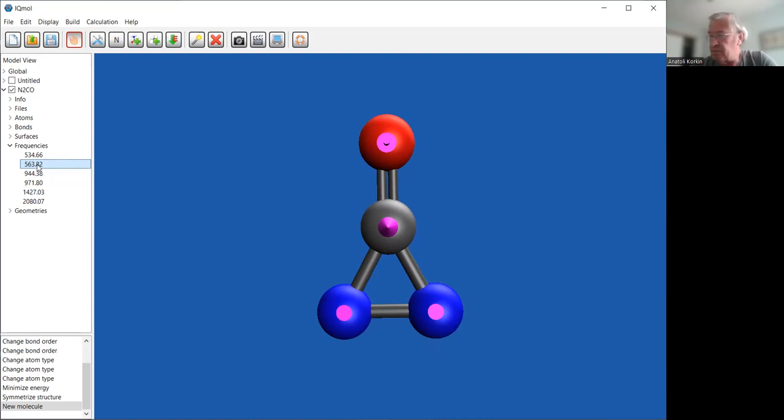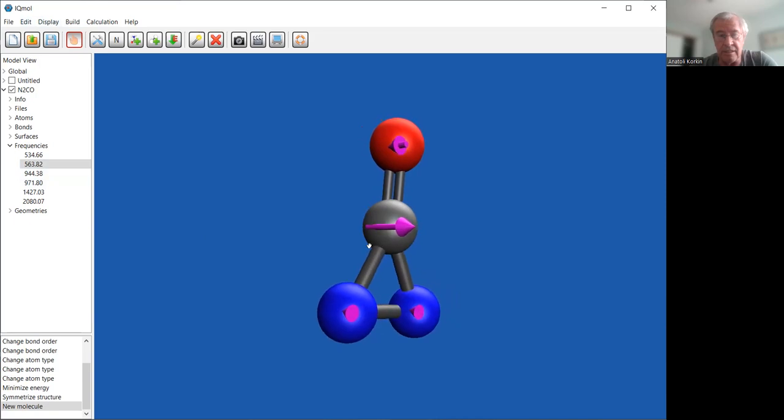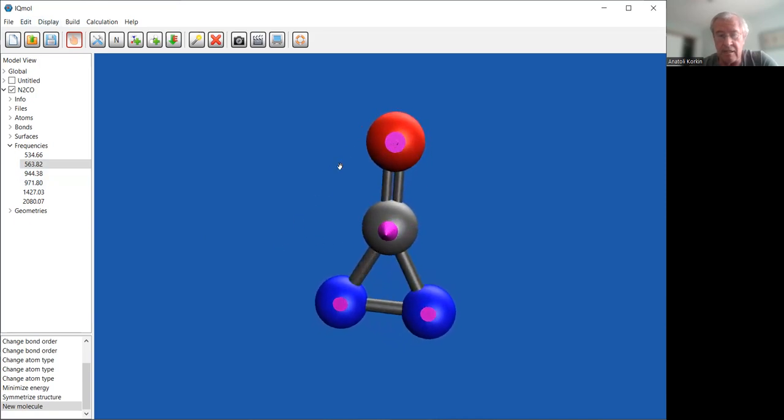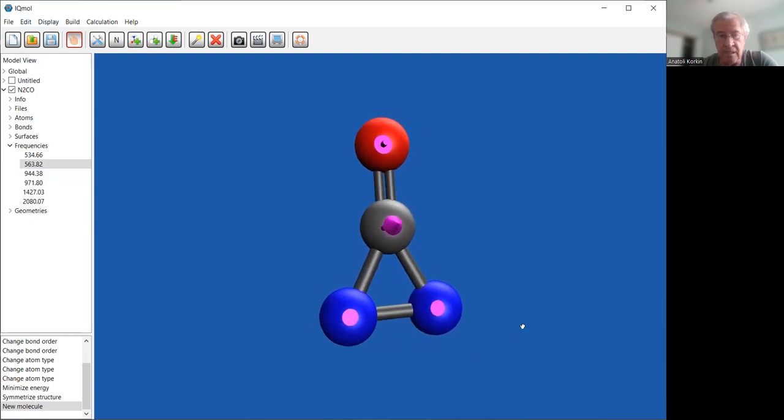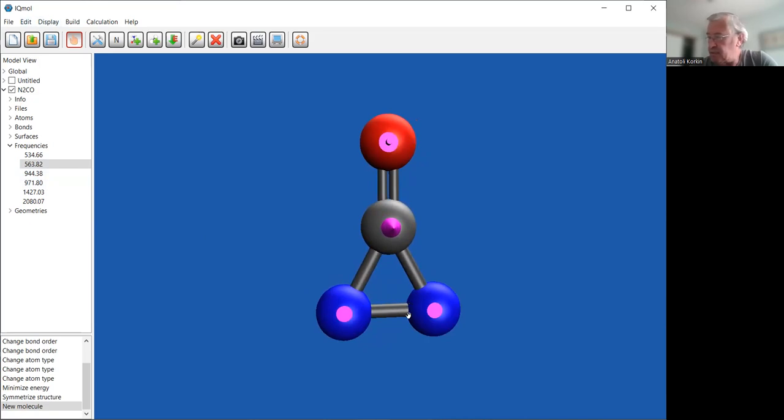To be B1, it has to be negative with regard to the YZ axis, so it's negative with regard to reflection in the molecular plane. So that would be B1. So this would be B1 again.